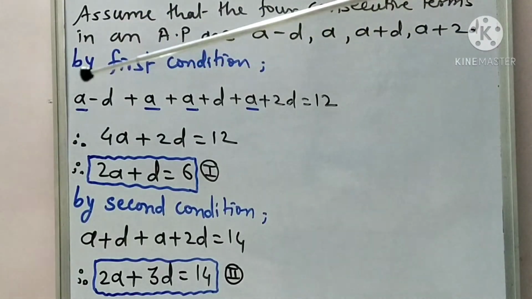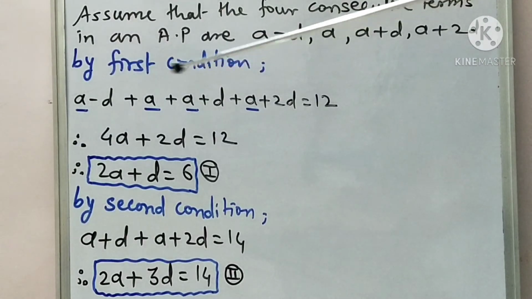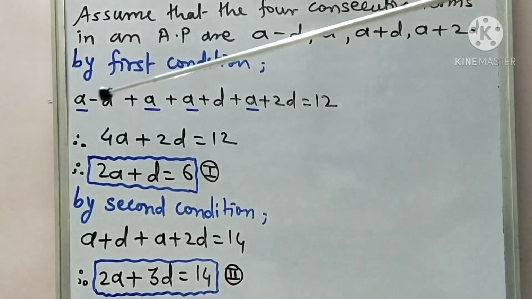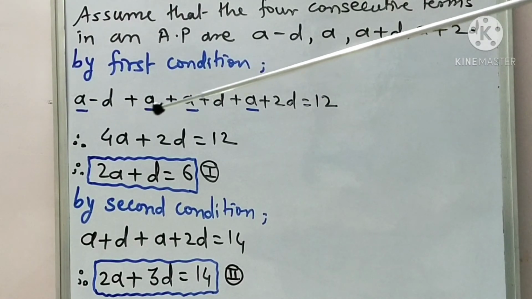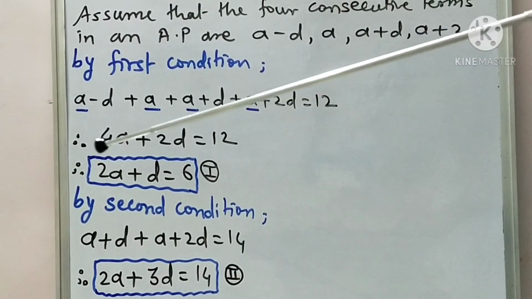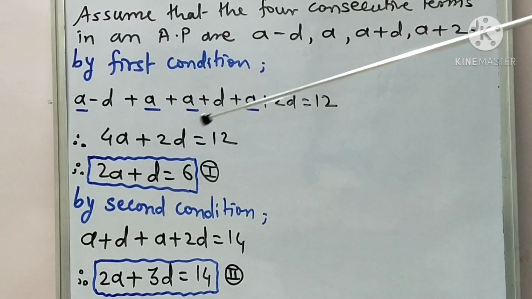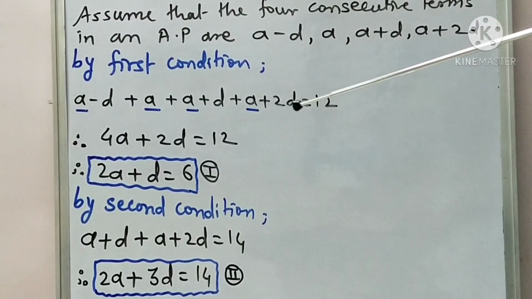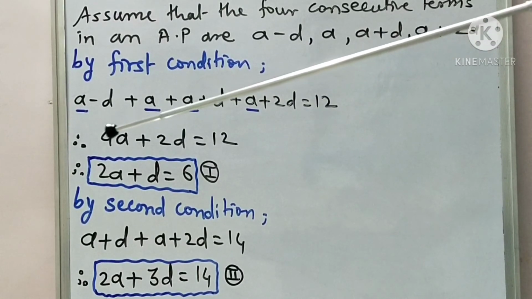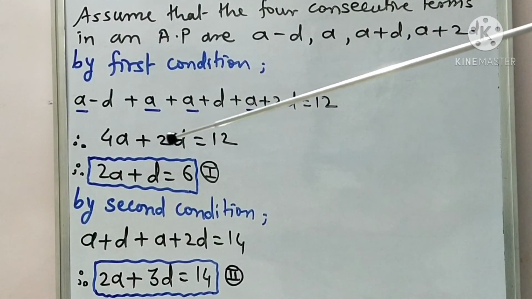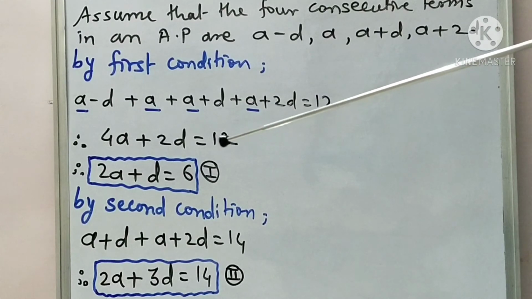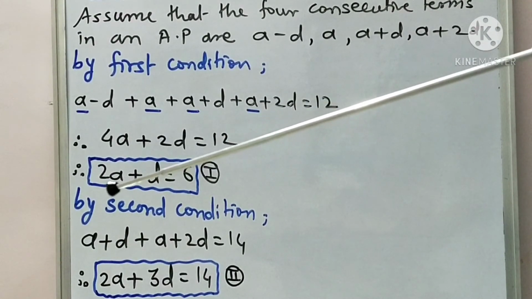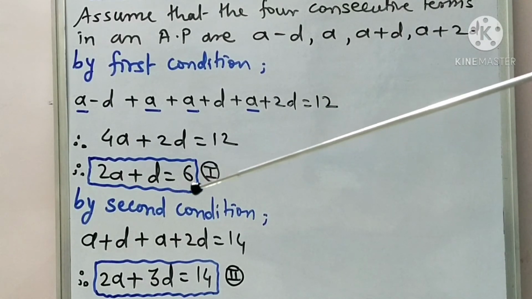Here we use the first condition, that the sum of the 4 consecutive terms is equal to 12. What we notice here is that we get a 4 times, and minus d and plus d eliminate, so d minus d is 0 and 2d remains. So the equation is 4a plus 2d equal to 12. Dividing both sides by 2, the simplest form is 2a plus d equal to 6.